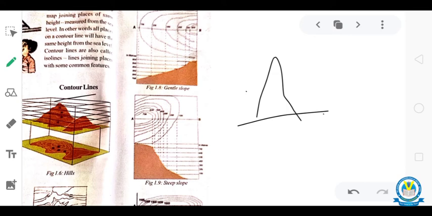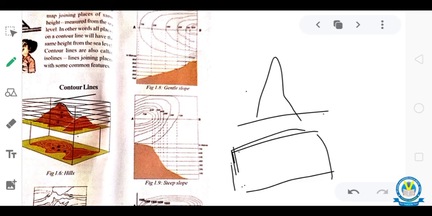A contour line is a line joining places with some features. Here it is a place, but it has a mountain. But a map cannot show the mountain height. It can show only a flat surface. So how do we represent it?